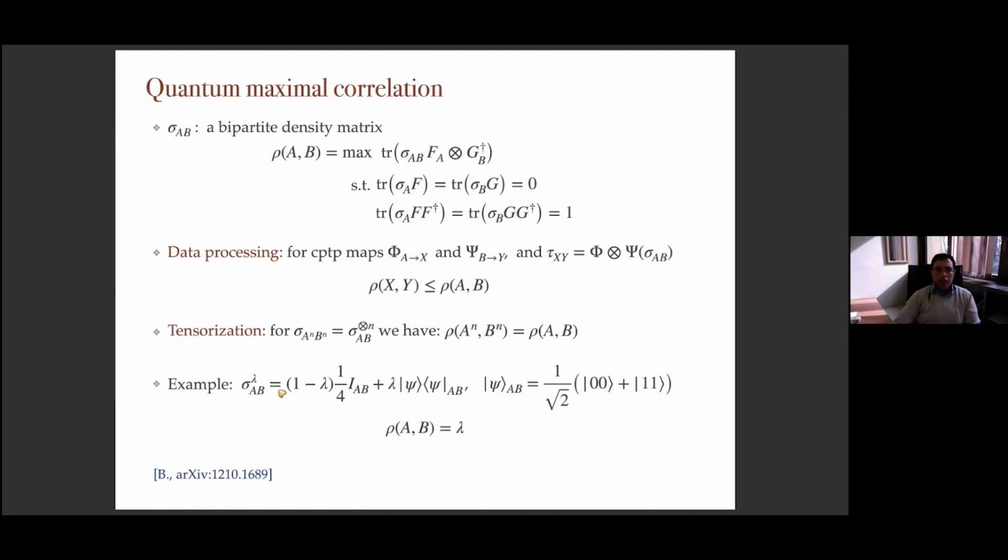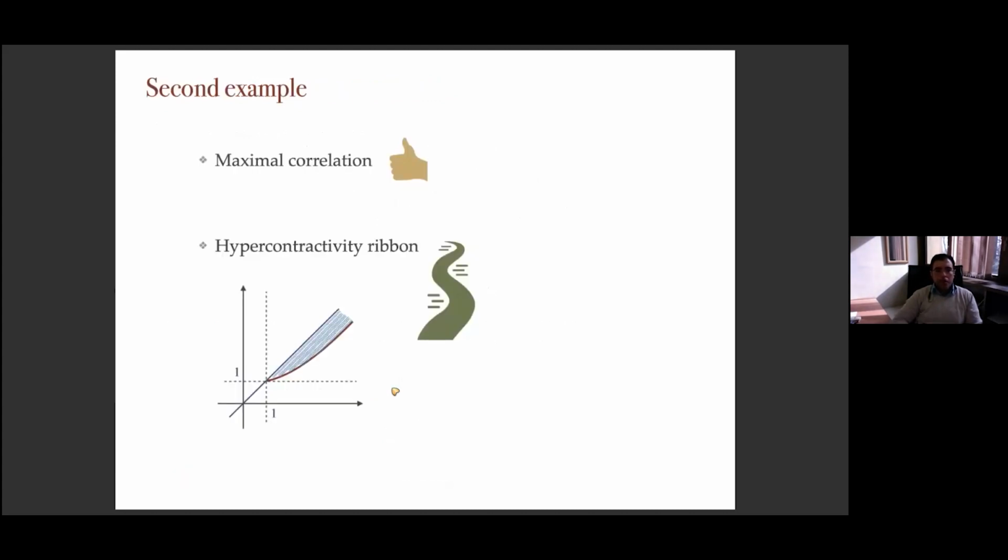And this means that for different values of lambda, you cannot, by local operations, increase lambda. You cannot distill larger values of lambda, even if you have lots of copies of the shared state for a smaller lambda. Okay, so I'm done with the definition of maximal correlation.